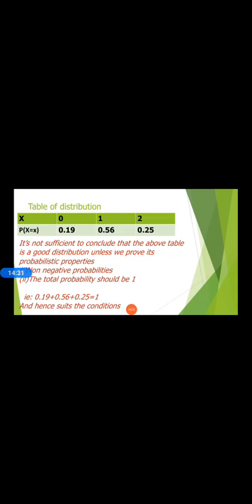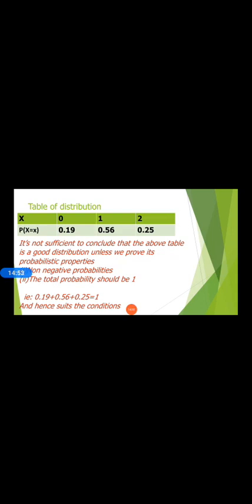For example, for picking without a red sweet, or X is 0, the corresponding probability is 0.19. To pick one red sweet is 0.56. To pick two red sweets, it is 0.25.